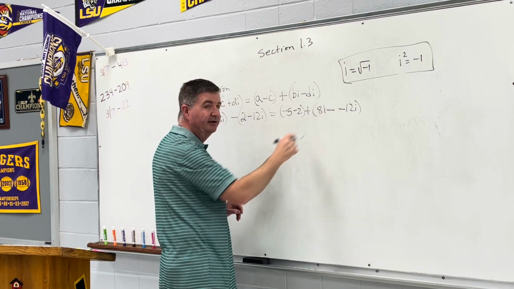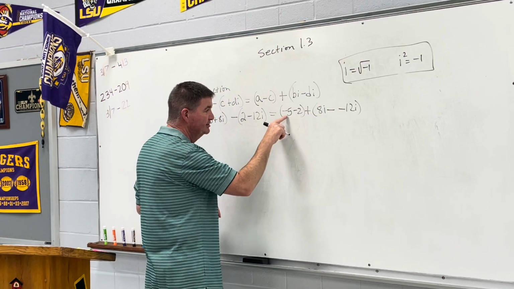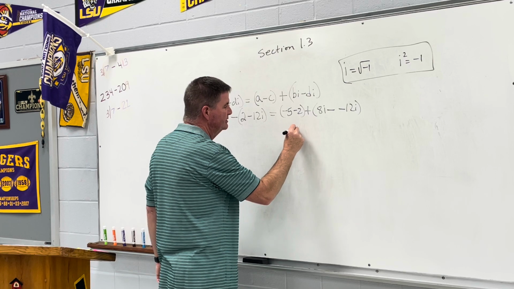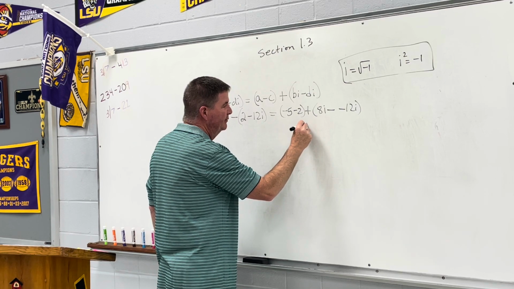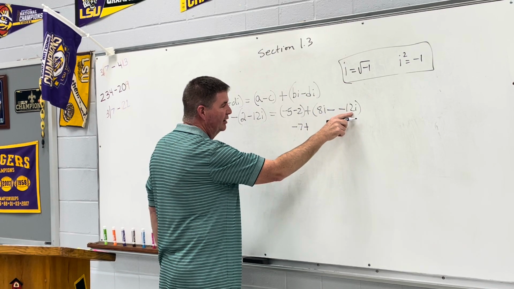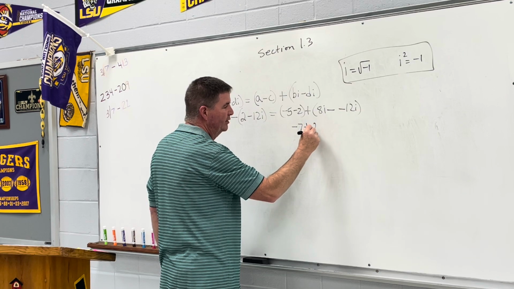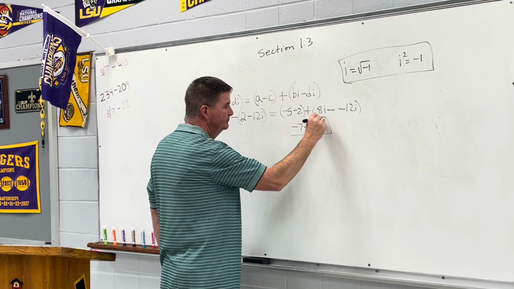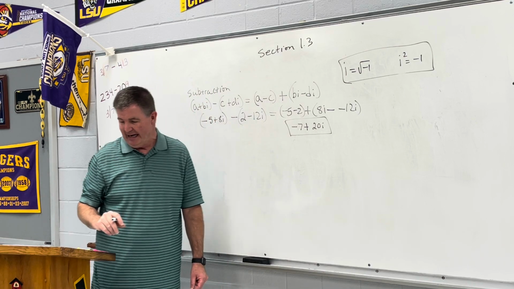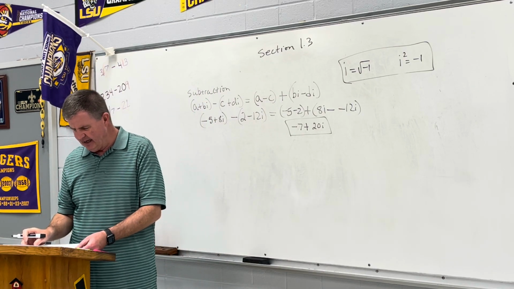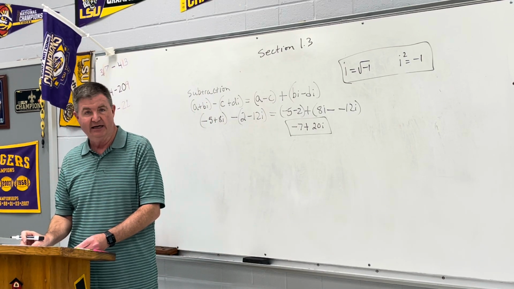And minus a negative is plus. So negative 5 minus 2 is negative 7. And then we got 8i plus 12i, which is going to be 20i. And that is adding and subtracting imaginary numbers.